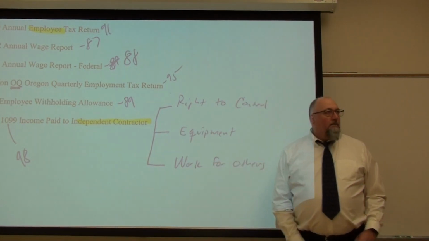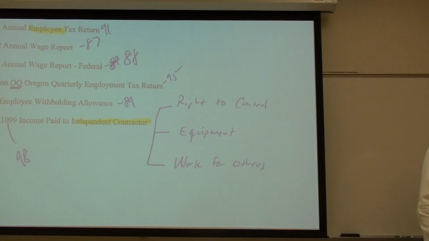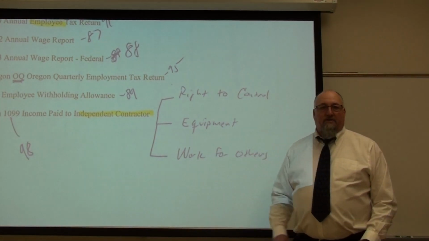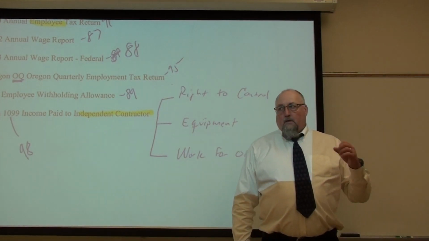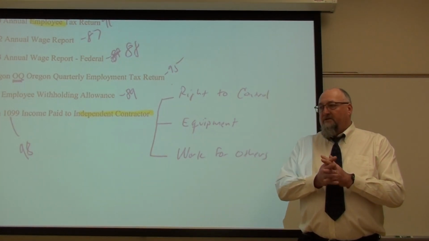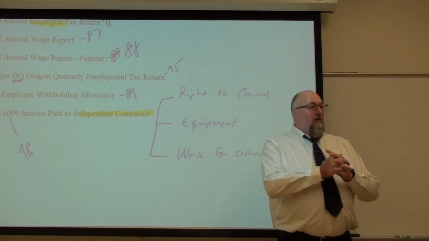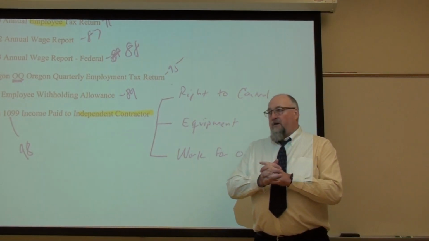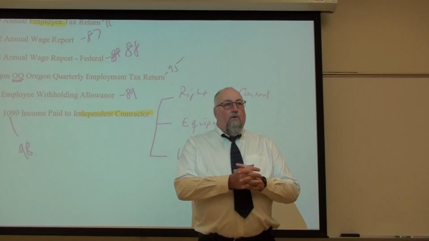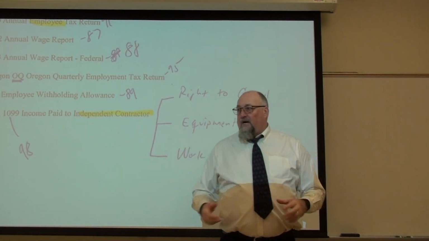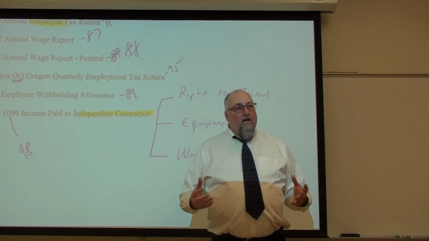And then finally, the bottom one, which I think is probably one of the most important factors in determining if you're an independent contractor, and that is, do you do this type of work for other people? Are you separately organized, perhaps as your own LLC or S Corporation or C Corp? Are you advertising? Do you have your own company name?